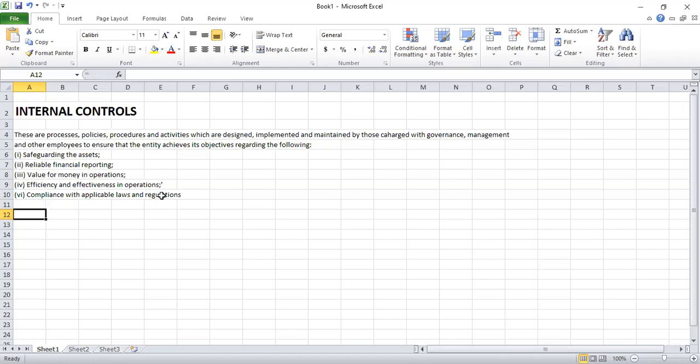All those are controls. Human resources, when you are employing, we should only employ based on merit. And there are procedures in place whereby they do the interviews, recruitment, and stuff like that.